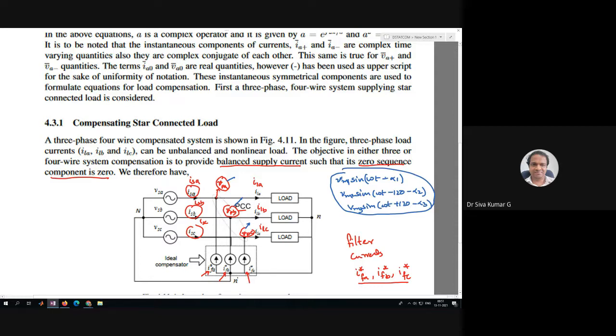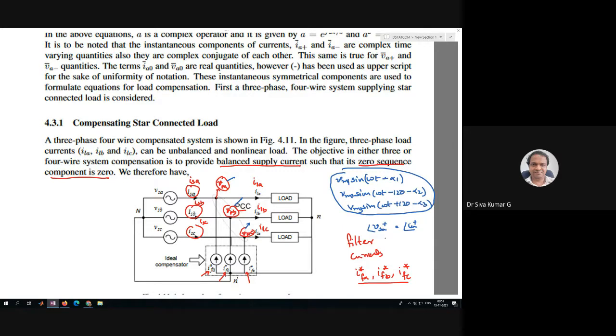What we need is that the positive sequence of the voltage is equal to the positive sequence of the source current. Then we can say that it is operated at a unity power factor.